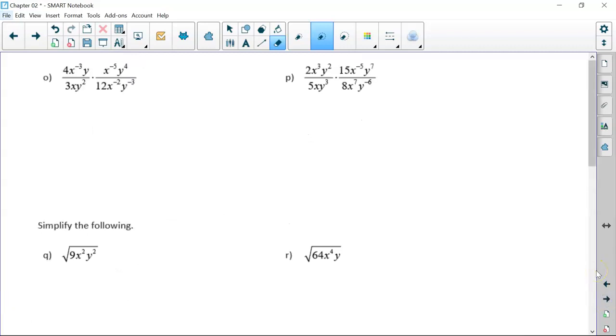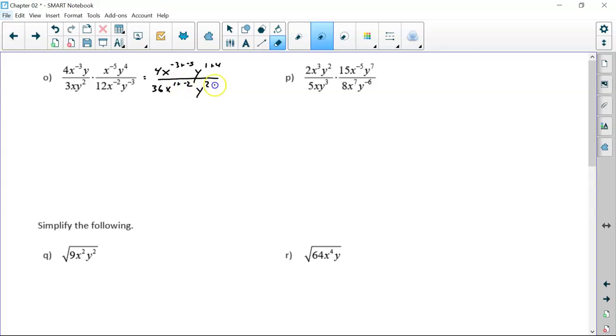Here, we're going to do the same thing, we just have more things to multiply. So we multiply the constants, the x's, and the y's. So we have our 4, x. Now, I'm going to write this out. It's -3 plus -5. Be very careful of your exponents. And for the y, it's 1 plus 4. In the denominator, 3 times 12 is 36, x, and it's 1 plus -2.